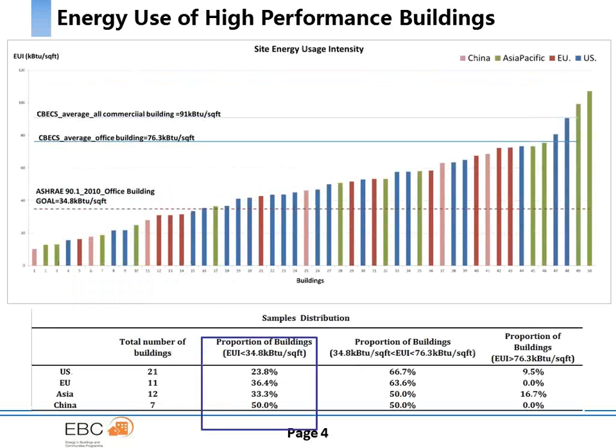This is a study we did. We basically compiled about 51 high-performance buildings around the world. Each bar represents one building, color-coded by region. There are some buildings from China, from Asia Pacific excluding China, some from Europe, some from the US.